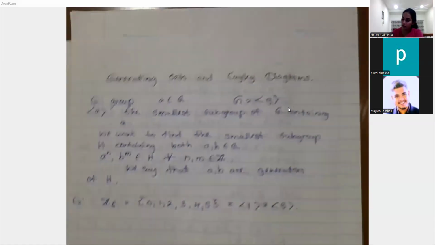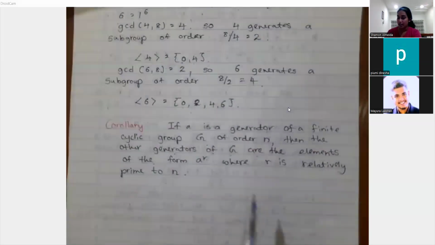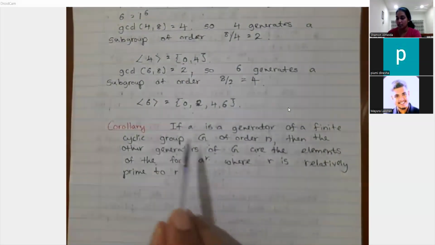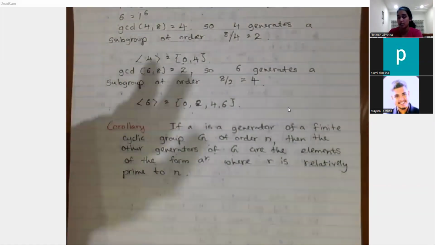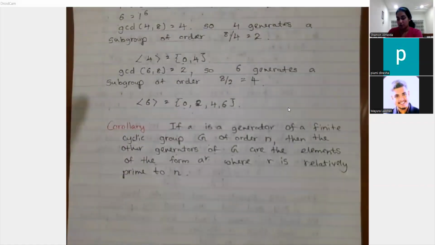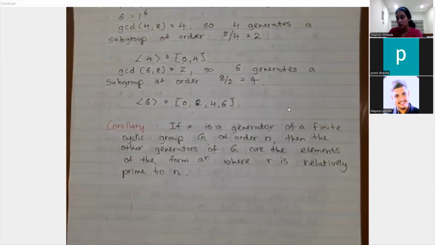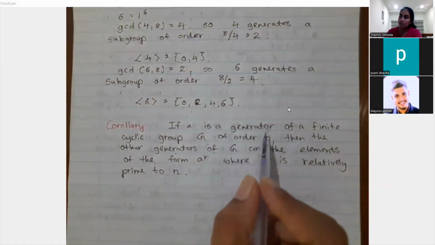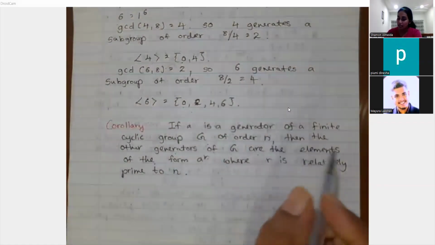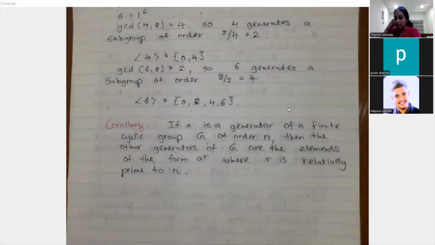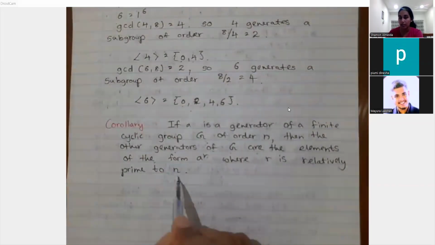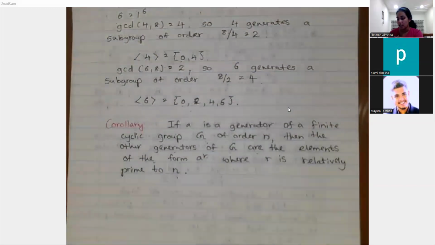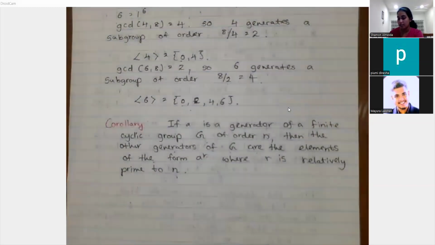Once again, we are going back to that corollary, right? If A is a generator of a finite cyclic group G, let's take 1 to be the generator of Z6, right? And Z6 is of order 6, right? If there is another generator, it can only be of the form A to the R, where R is relatively prime to N. So what are the numbers between 0 and 5 that are relatively prime to 6?